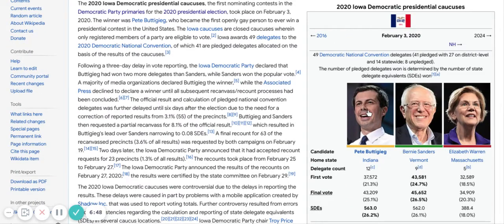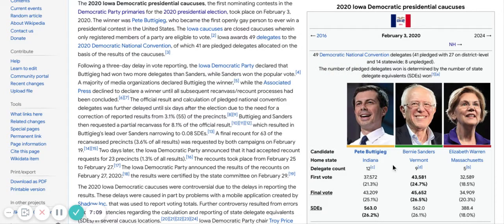So in these first caucuses, first primaries, usually what happens is candidates define themselves as a person you waste your vote on or a person who has a serious chance of the presidency and the nomination.